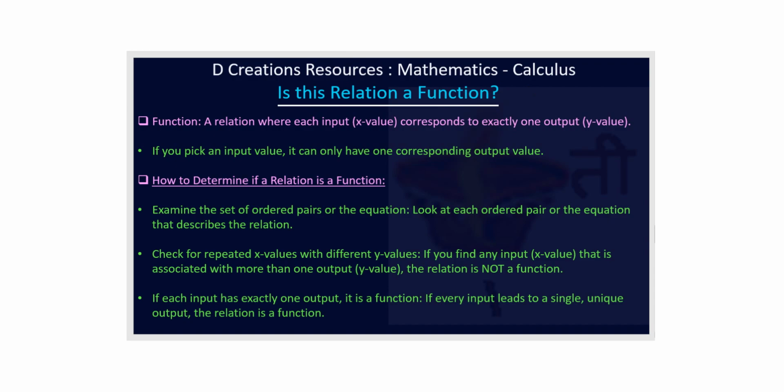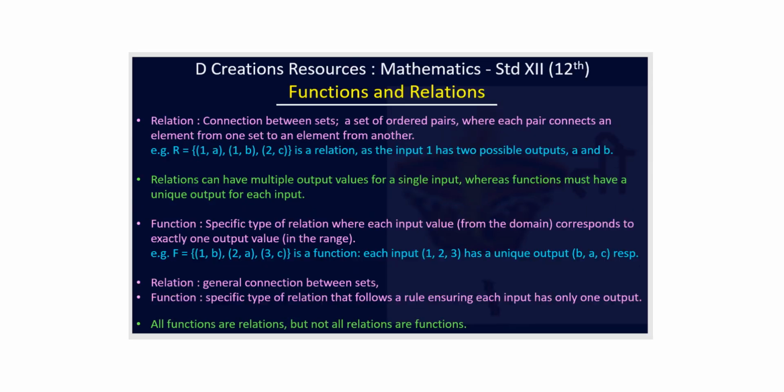Now I hope you recall that we had already learned what a function is, and we say that it's a relation where each input corresponds to exactly one output. So if (x, y) is how the ordered pair is denoted, I hope you remember that we learned in the earlier episode that a relation is a connection between sets, a set of ordered pairs, and each pair connects an element from one set to an element of the other.